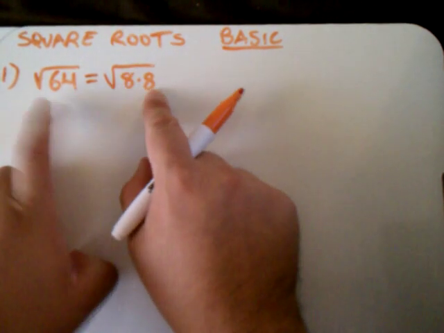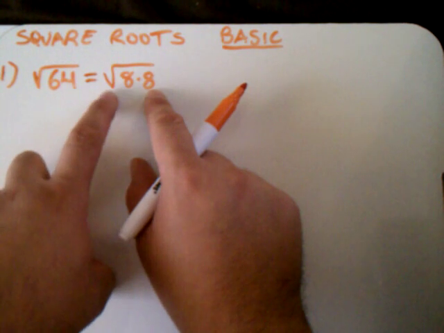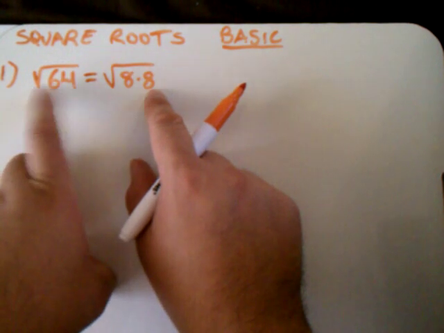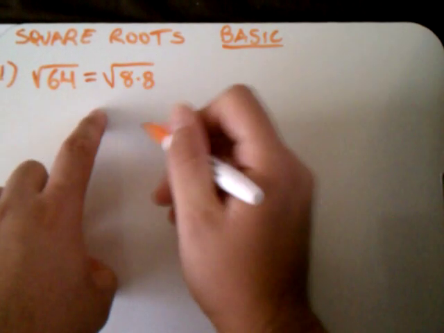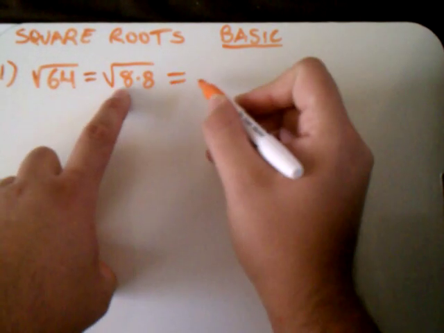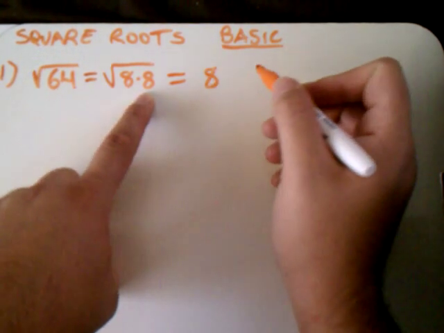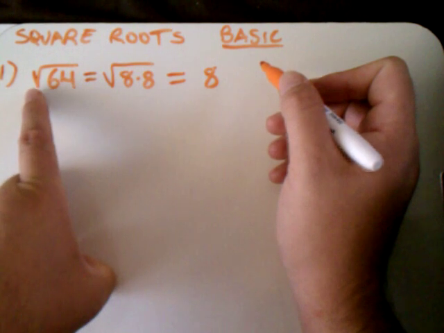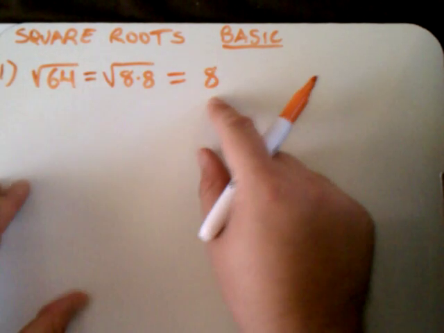Because 8 times 8 is the same thing as 64, okay? Your main goal of finding square root is to get two partners, because two partners cancel the sign, okay? So whenever you have two inside, one goes outside, okay? So you can say the square root of 64 is equal to 8, okay?